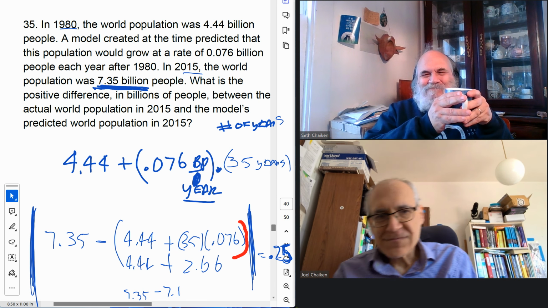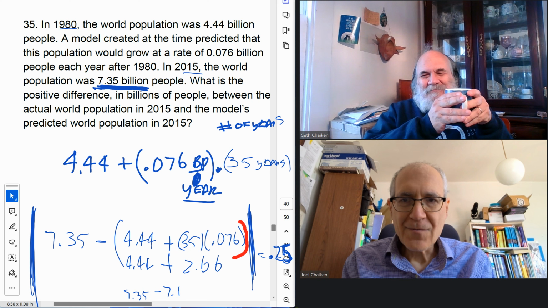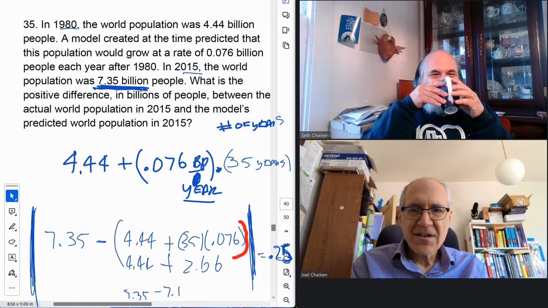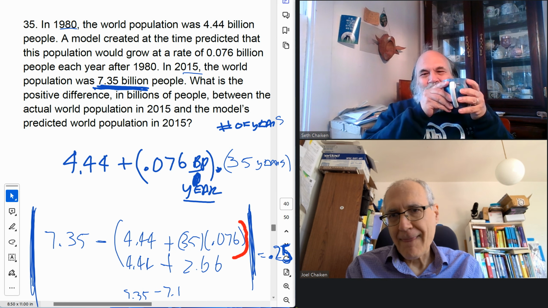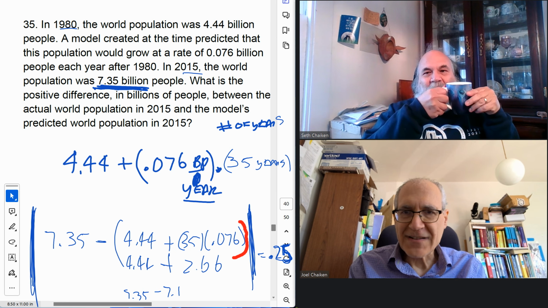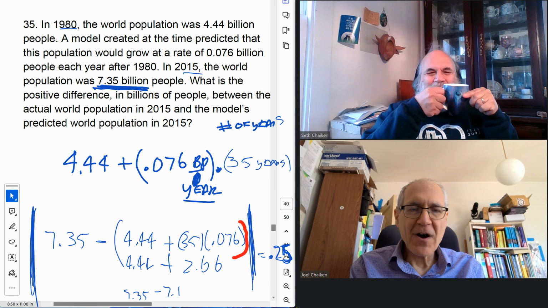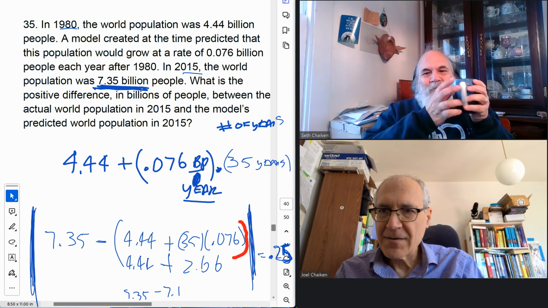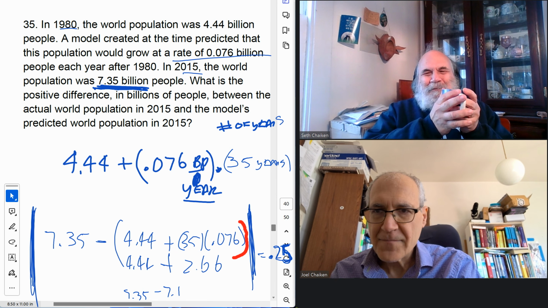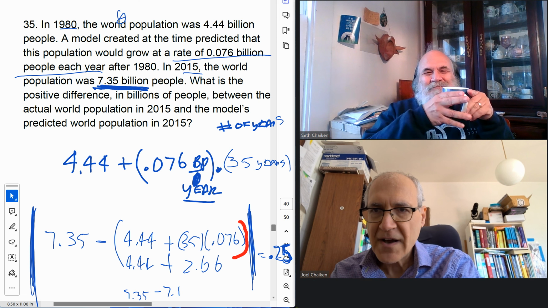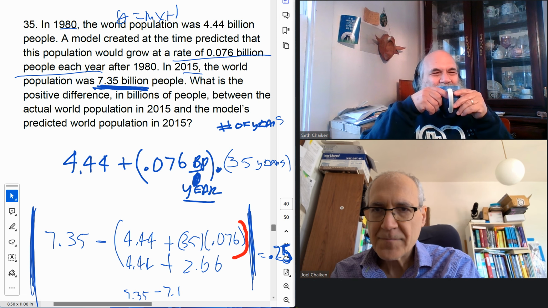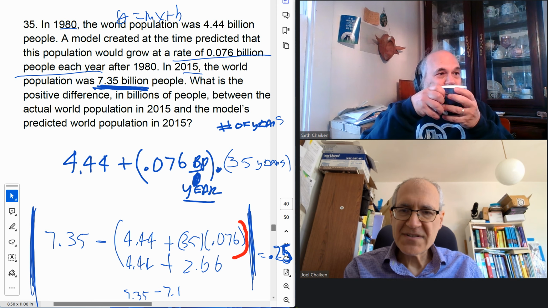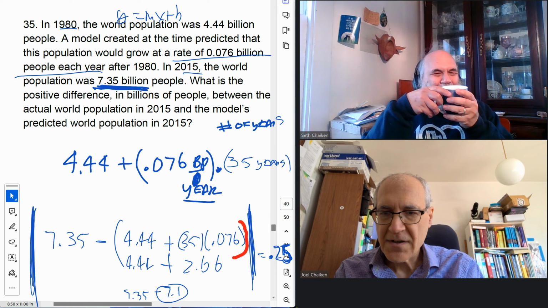Seems like a relatively straight word problem that has a few different parts to it. You first have to calculate what the model would predict using a y equals mx plus b model, using a linear model. That gives you the prediction, which turns out to be 7.1.